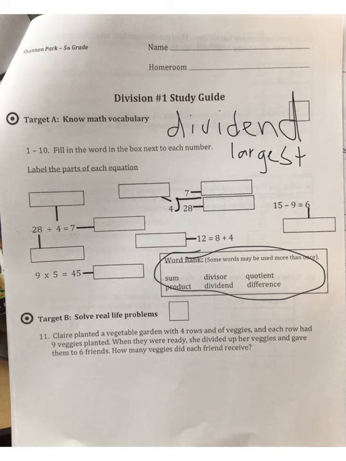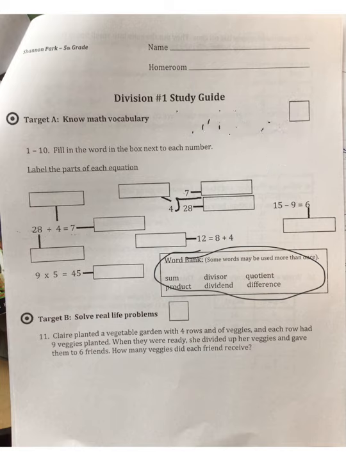so that would be your dividend. The divisor, on the other hand, conversely, is the number that you are dividing the dividend up by. So that's going to be a smaller number. The divisor is how many groups you are splitting it up by.